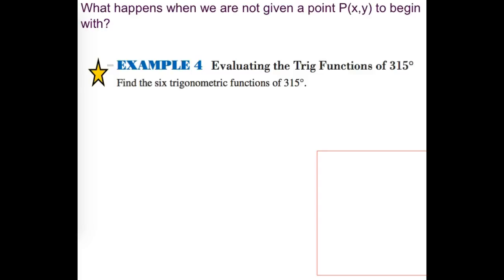Okay? So, 315. Sketch where that angle would get me. It's a positive 315. Which quadrant am I going to land in? Quadrant 4? Okay. How far am I from being a full rotation? 45 degrees? So if this is my initial side, we're going to land over here.